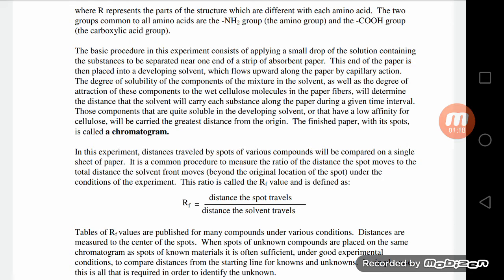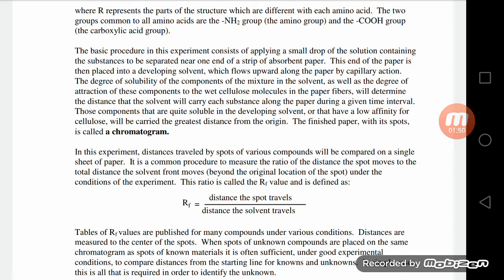The degree of solubility of the compounds of the mixture in the solvent, as well as the degree of attraction of these components to the wet cellulose molecules in the paper fibers, will determine the distance that the solvent will carry each substance along the paper during a given time interval. Those components that are quite soluble in the developing solvent or that have a low affinity for the cellulose will be carried the greatest distance from the origin.